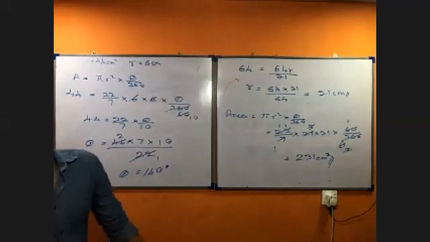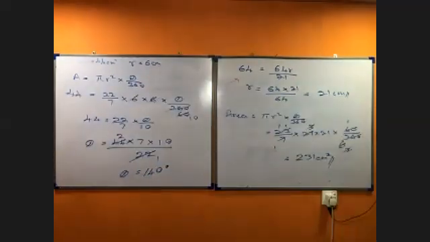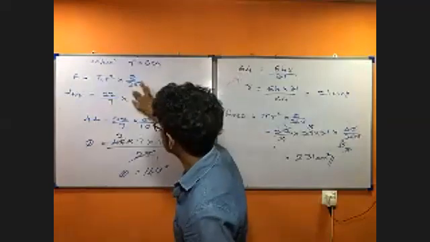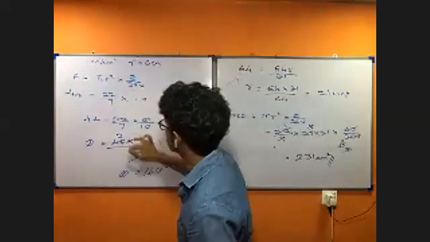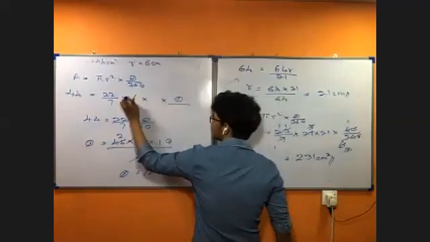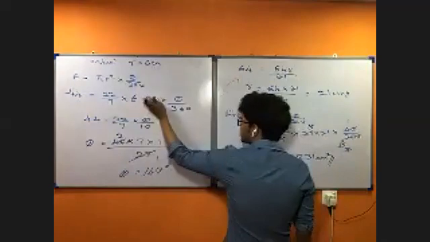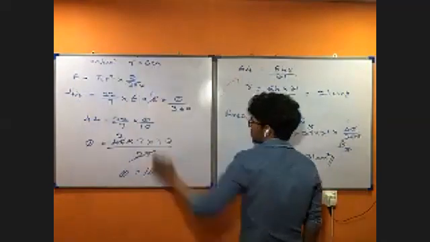Prism. Question number 6. How did you simplify the 360? Cancelling off. So I have a 6 here, I have a 6 here, I have a 360 here, right? So 6 divided by 6 is 1.